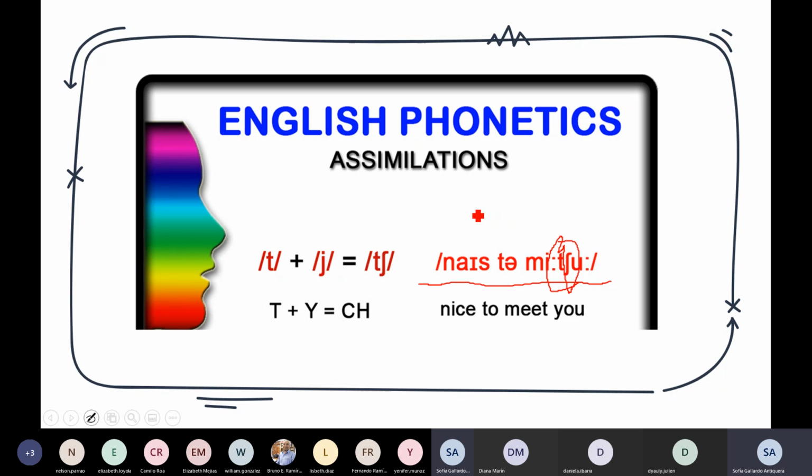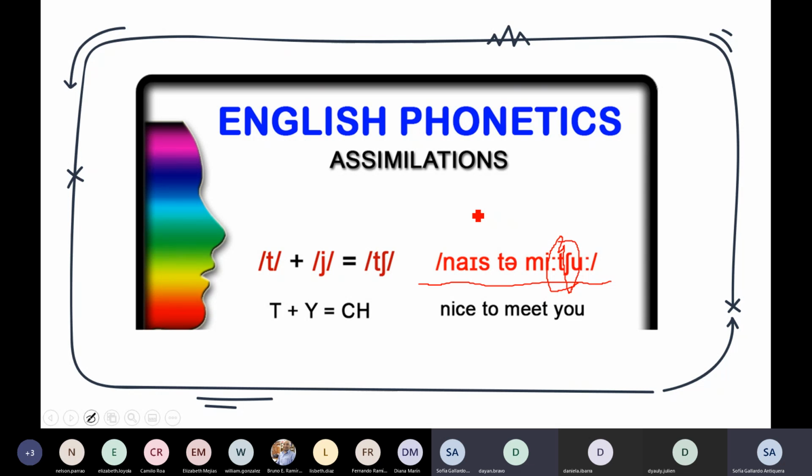Do I have any volunteer to read this example again? Anyone that's not Jolie or Diana or Daniela or William, who have been participating all class. Maybe Camila, Leon or Diane, would you like to? Yes, go on.